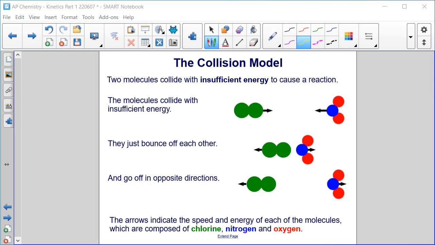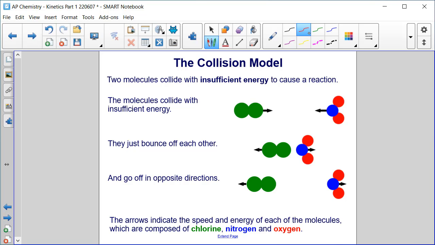All right, so let's use these model diagrams to discuss this idea of collision theory more visually than we did in a previous slide. So two molecules collide, in this case with insufficient energy to cause a reaction. So remember, in order for a reaction to occur, we need particles to collide with not only enough energy, but in the right orientation.